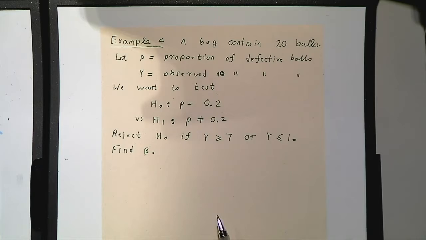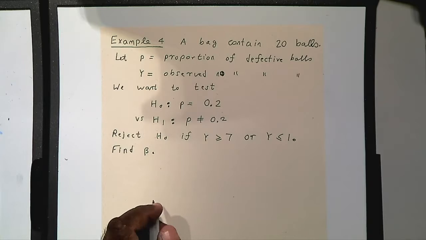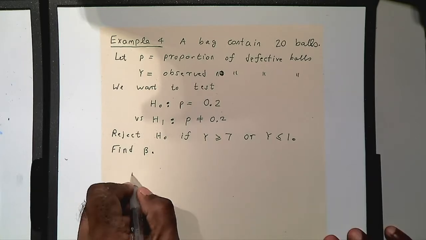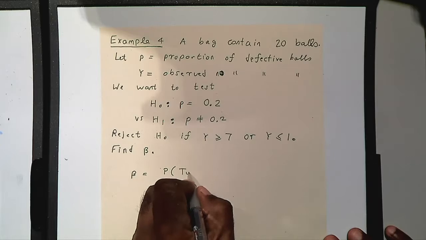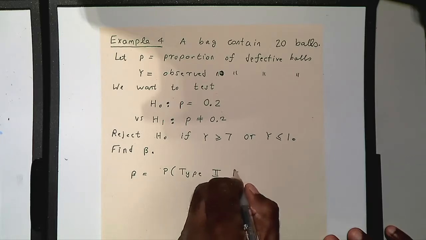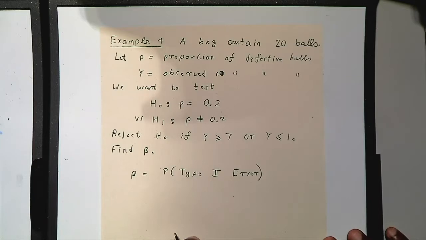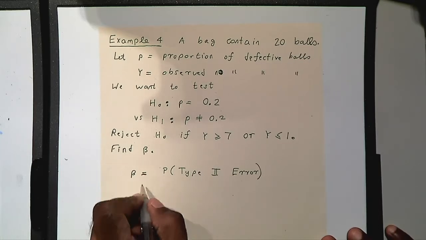Okay. And we want to find the probability of type 2 error. Let's see how we can do this. Right, this is the probability of type 2 error.